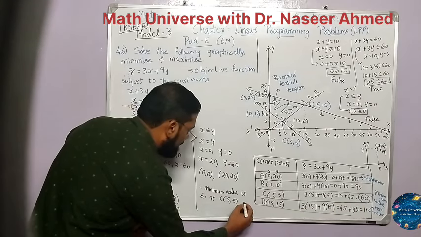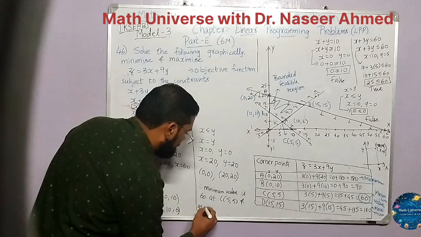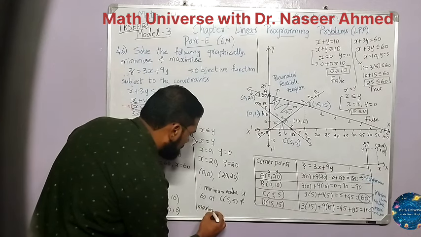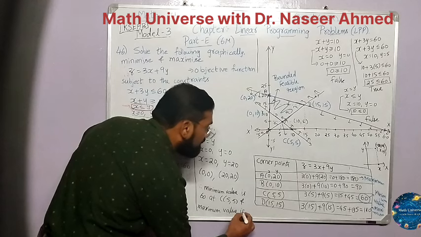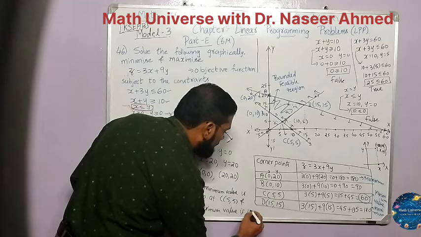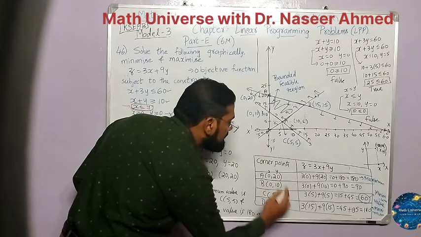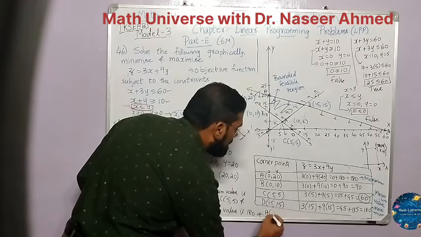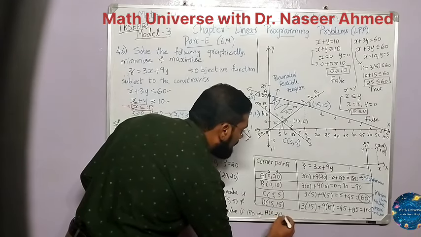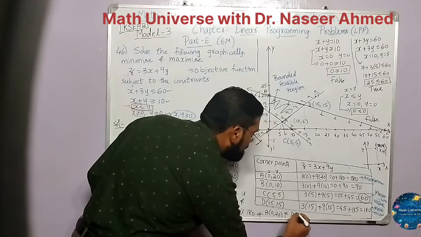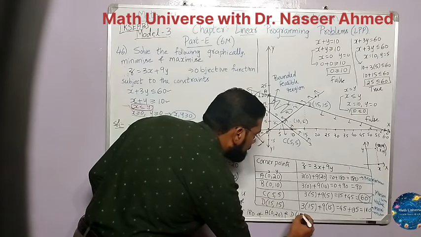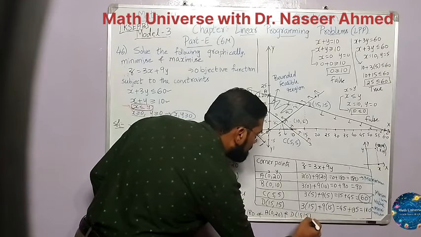And coming to the maximum value, it is 180, and it is at 2 corner points, at A, 0 comma 20 and here D, 15 comma 15.